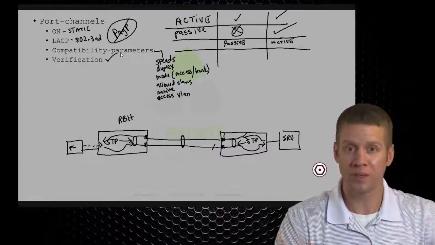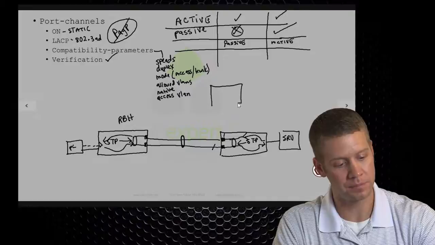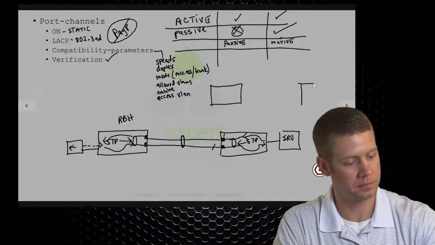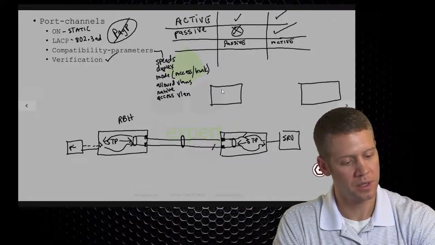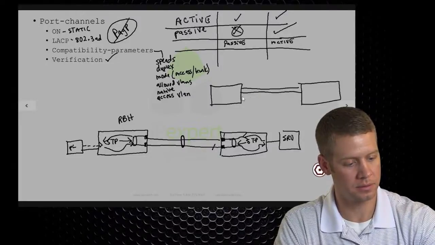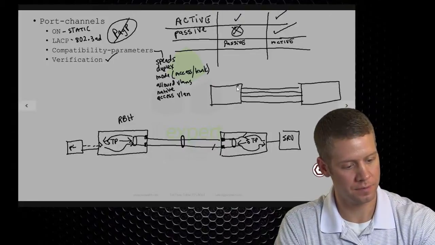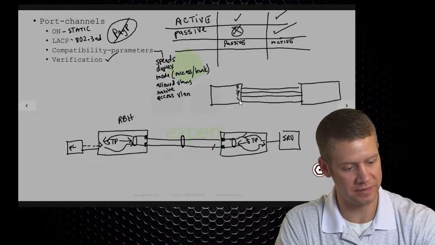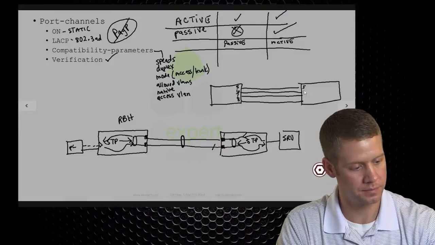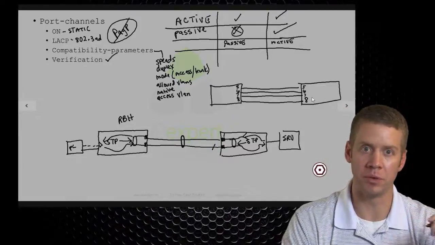So with the demo I'm going to give you guys, we're going to have those two 5Ks again. So what we have between those is 4 links: 5, 6, 7, and 8. I want to show you guys the 2 different modes that we can use.